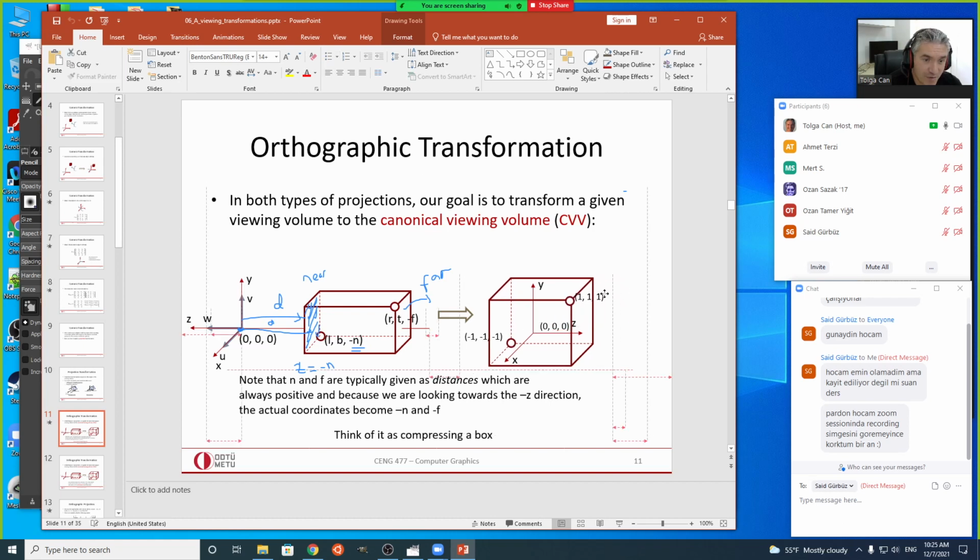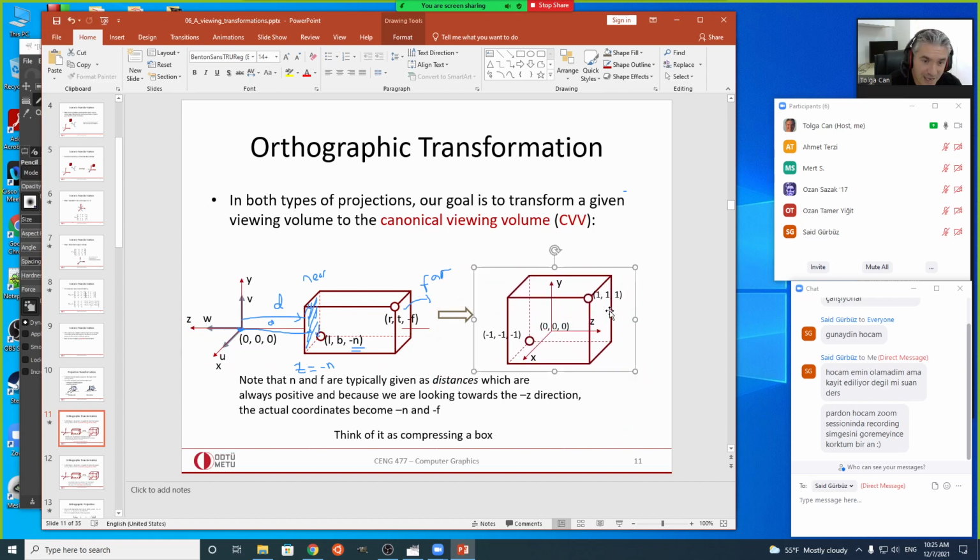If you're going to have your if conditions, you can just compare them against this -1, 1. We can just forget about objects that are outside this canonical viewing volume and not try to render them at all, which is going to increase our efficiency a lot. So that's the one thing we do in orthographic projection: convert everything to this standardized viewing volume.